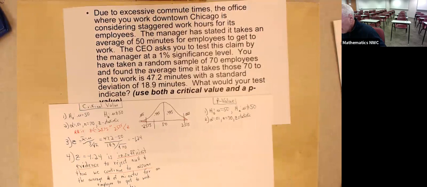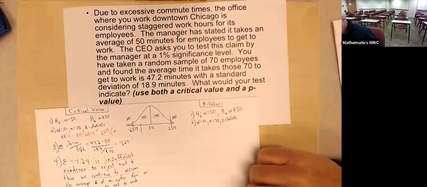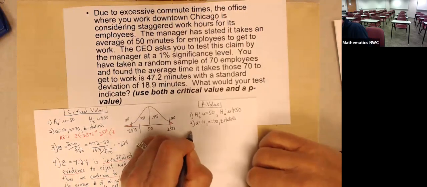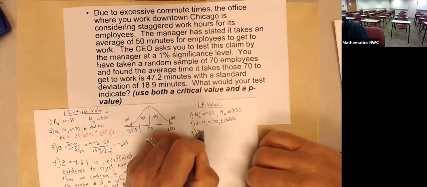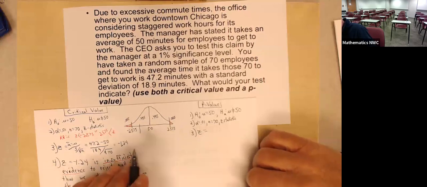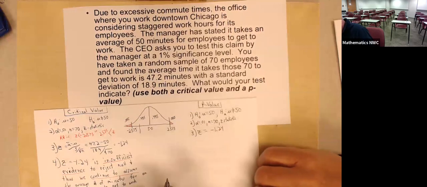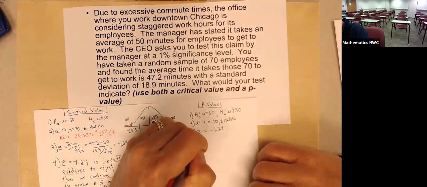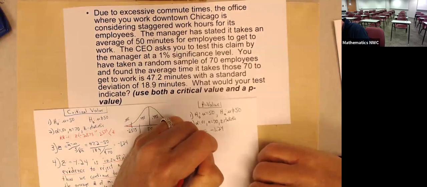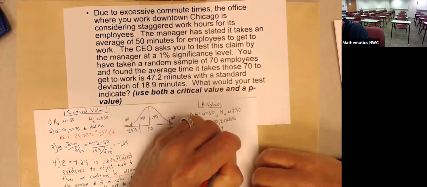Okay, now let's go back over to here and look at the p-value test. Okay, step number 3, I would find the exact same z in the same manner. I'm just going to go with a negative 1.24 rather than writing out the formula. But now this part is different, that p-value. Remember that p-value is 2 times each tail.